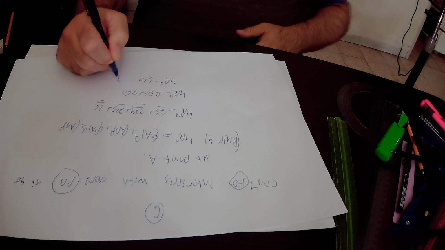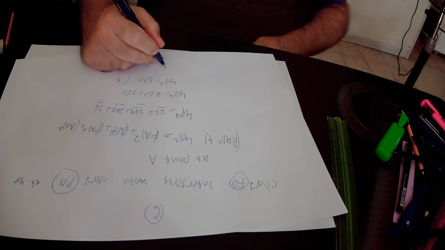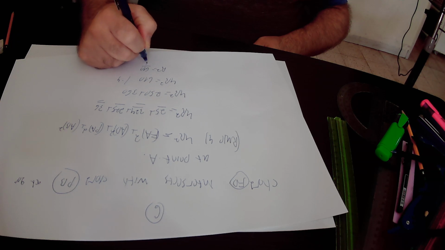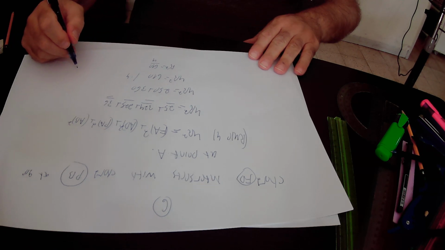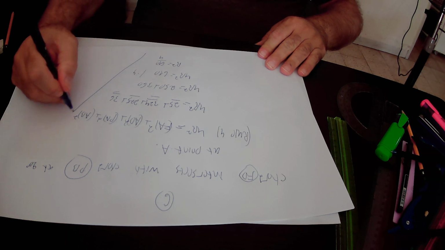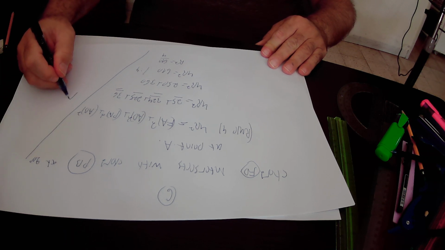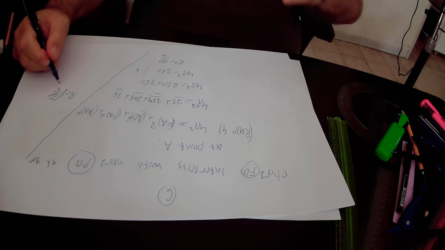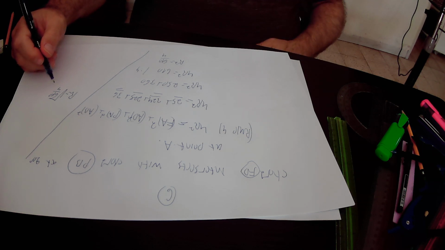Here we divide this equation by 4 and we get that R squared equals 610 over 4. Here we take a root of this equation and we get that capital R equals the square root of 610 over 4. Here we can take 4 out of this root, because the square root of 4 is 2.